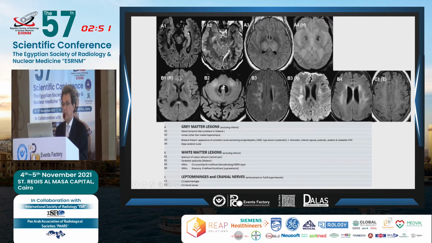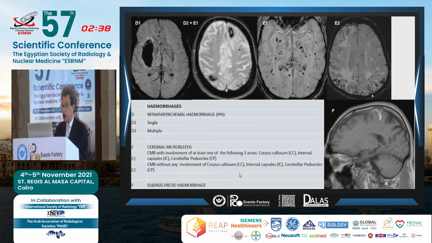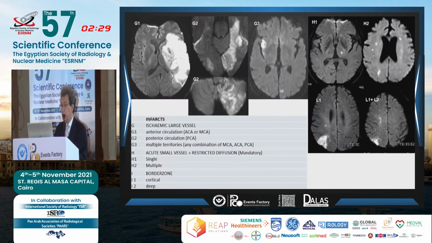They are mentioned here. You have, for instance, the hippocampus, you have the cortex, there's gray matter, there's a manifestation of gray matter, the thalami, then others in the white matter, or then the leptomeninges and cranial nerves, or hemorrhages in various areas, single, multiple, microbleeds, or lobar, or subarachnoid, and then infarcts specifically.